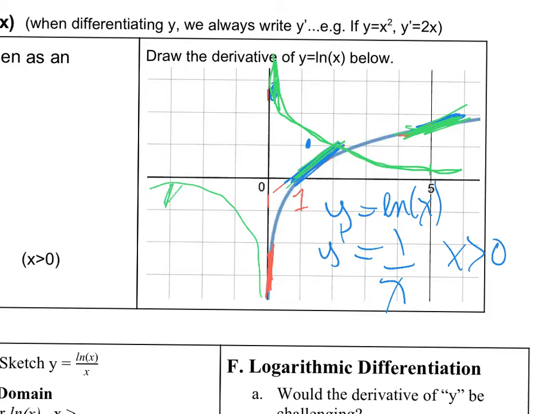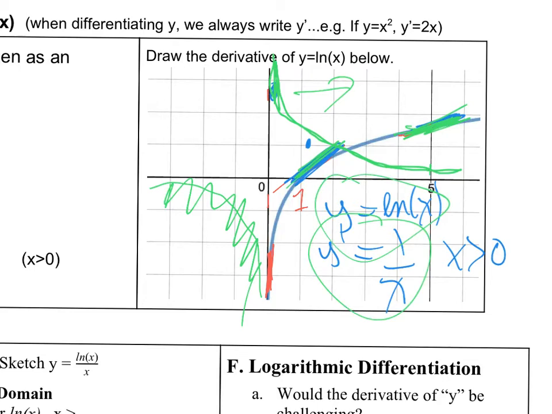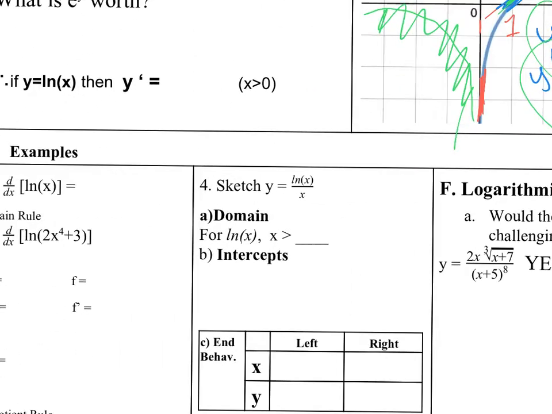But this one doesn't because you can't take a derivative where there is no function. And the graph of ln x only exists to the right of x equals 0. Okay, so if y equals ln x, the derivative is 1 over x. And then we have chain rule applications, of course, too. All right, so that's the development of the rule graphically. As I said, the algebraic development is in the notes.